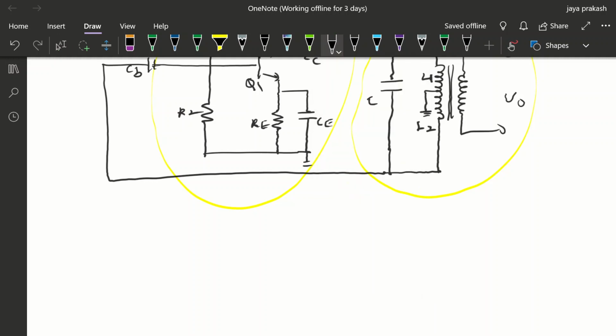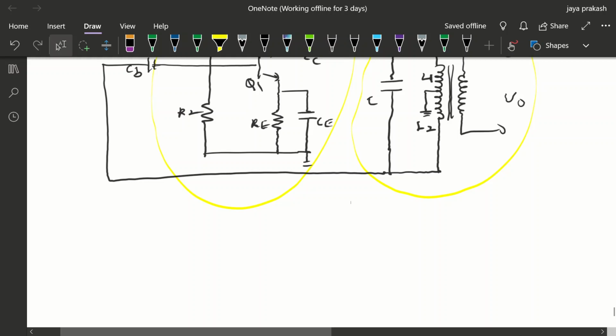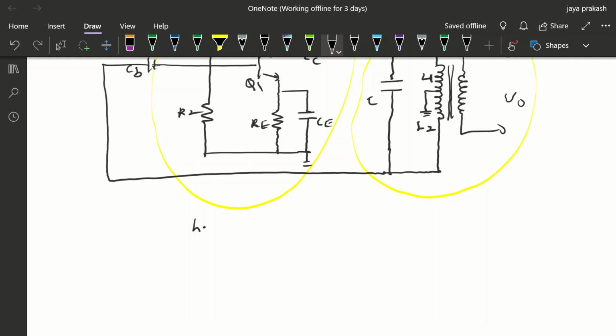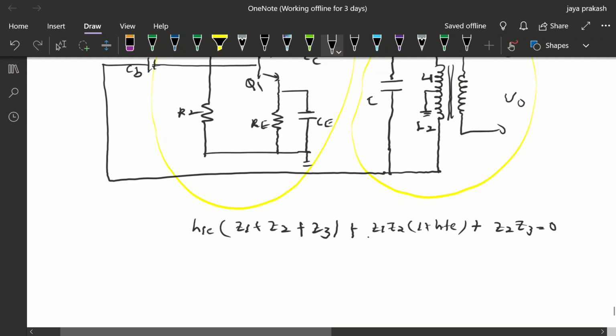In the lecture before the previous one, I gave the general form of the equation for an LC oscillator, that is: HFE into Z1 plus Z2 plus Z3, plus Z1 Z2 into 1 plus HFE, plus Z2 Z3 is equal to 0.